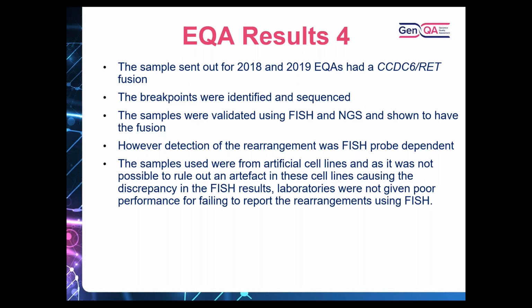We therefore couldn't give the laboratories poor performance for failing to report these rearrangements, and we don't have any evidence that actually there's any problem with any of these probes. We think it could be an issue with the actual material, which just demonstrates the issues that we can see when using artificial material.